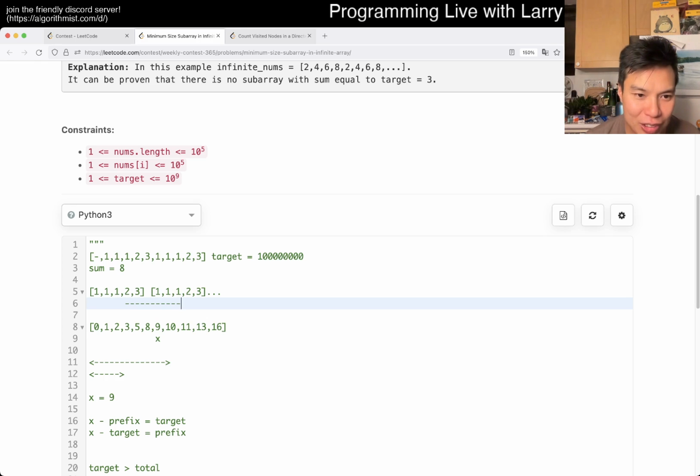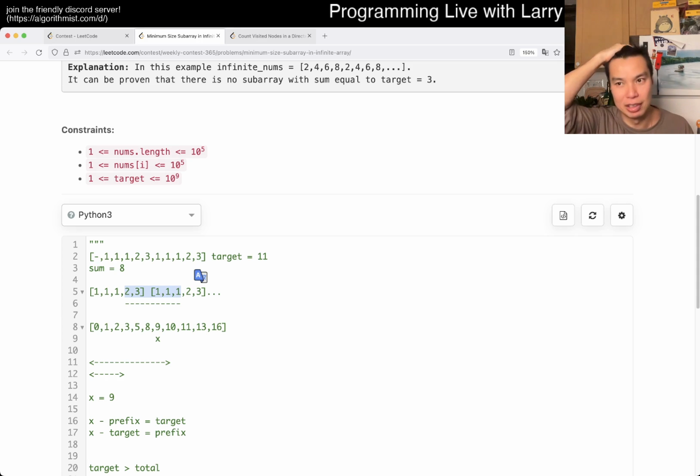So if your target for this problem is, I don't know, 11, then you may have 1 plus 2 plus 3, all the way to here, but you still have to go through one loop once, no matter how you do it. It's almost like a pigeonhole thing, because there's no way to get that number without skipping it, because it repeats itself, right?